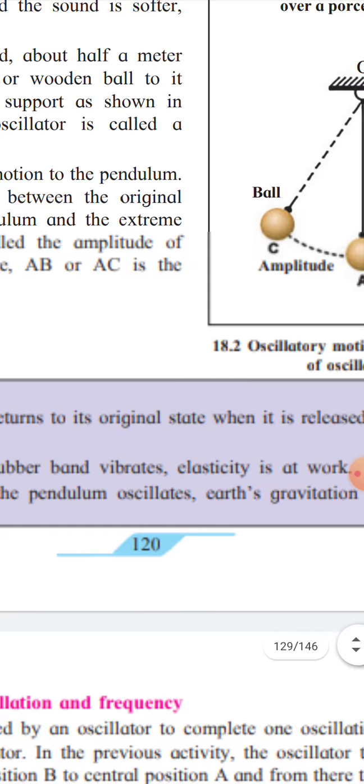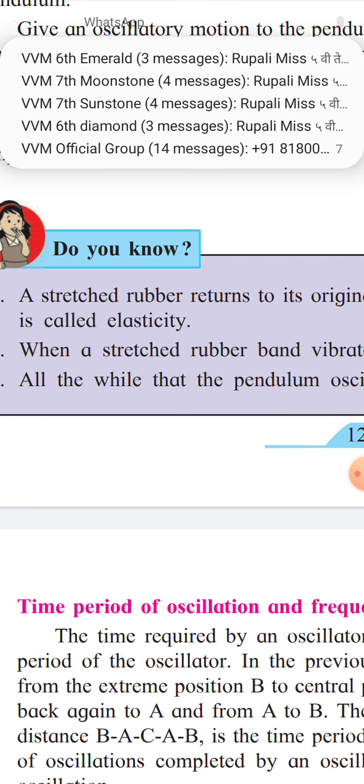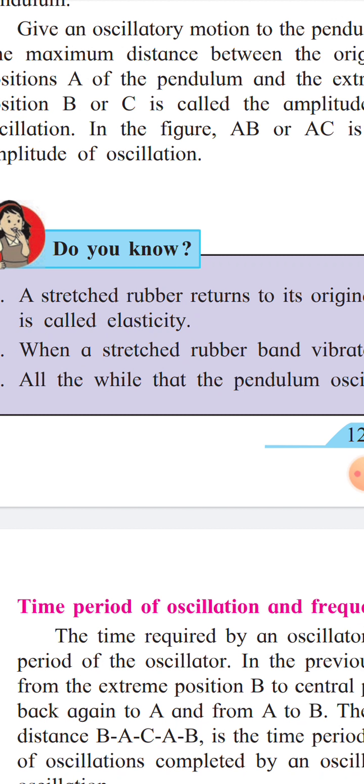As you know, a stretched rubber band comes back to its original state on releasing. This property is called elasticity. When a stretched rubber band vibrates, elasticity works on it, while when the pendulum oscillates, Earth's gravitation works on it.